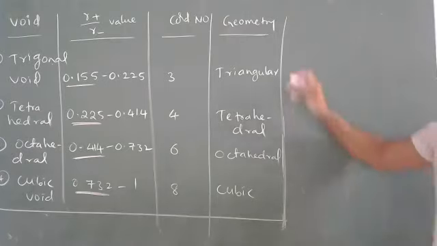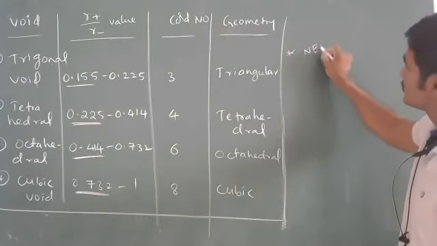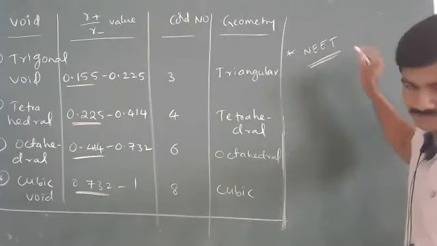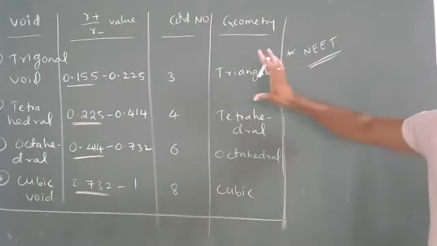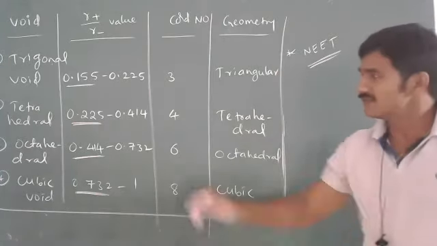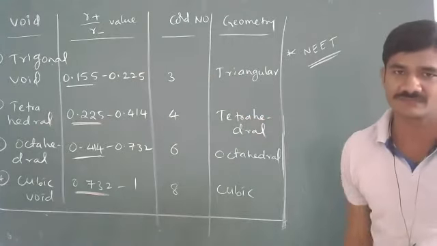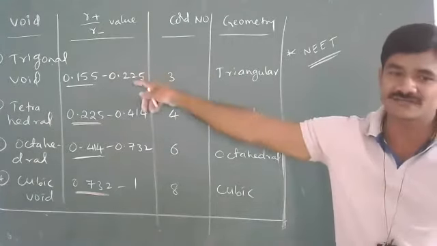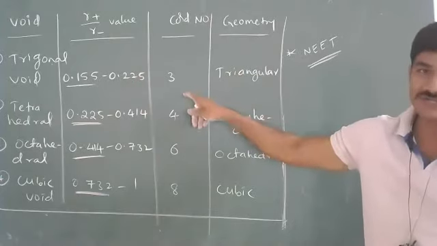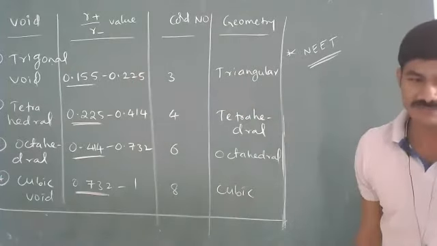So from this table, you'll get questions in NEET. Very, very important. You remember this table. They will give you the radius ratio value and ask you the geometry of the particular molecule. Based on radius ratio and coordination number, you can find out the geometry.